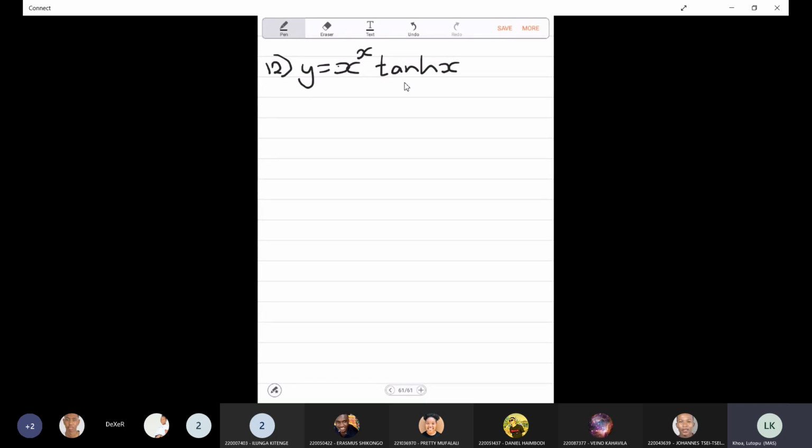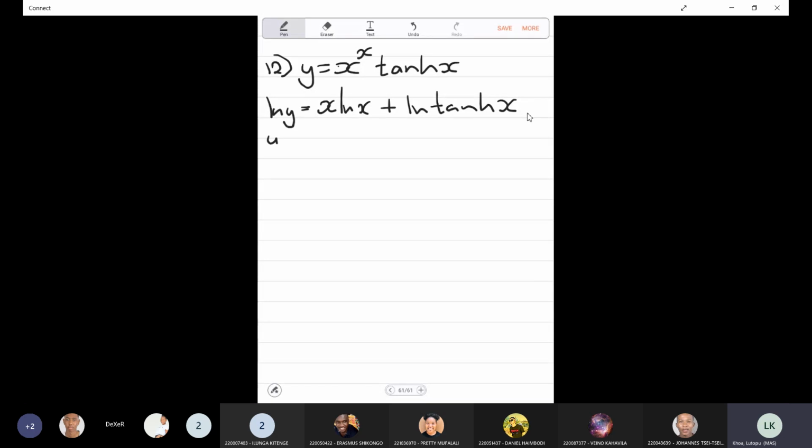logarithmic differentiation is probably the way to go. So we take logarithms on both sides. So we have ln of y is equal to x ln of x plus ln of tanh of x. And then we differentiate this. Here there's implicit differentiation. Over here, product rule, and then this is just a logarithmic differentiation.